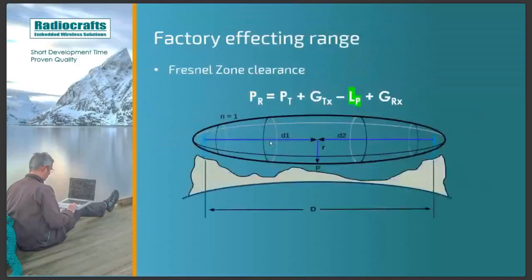Also, when you talk about how this path loss converts to meters, you have to think about free space. The energy between two antennas doesn't go as a thin line between them. It is actually a large area between them.